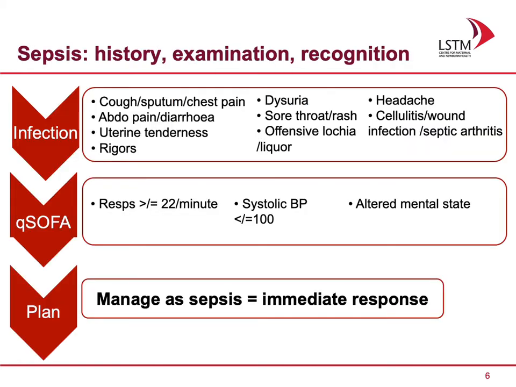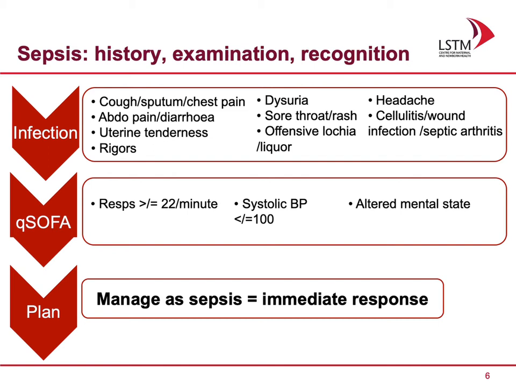So to have sepsis, we must first of all have an infection. So there's many different types of infections. Could be a chest infection, so there could be cough, could be productive of sputum, could be chest pain, or there could be some abdominal infection with pain and maybe diarrhea, or there could be intrauterine infection with uterine tenderness.